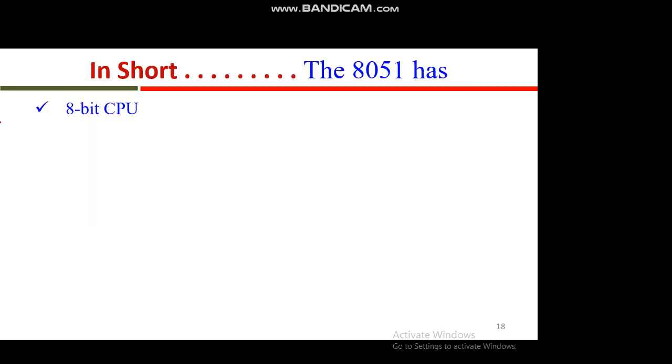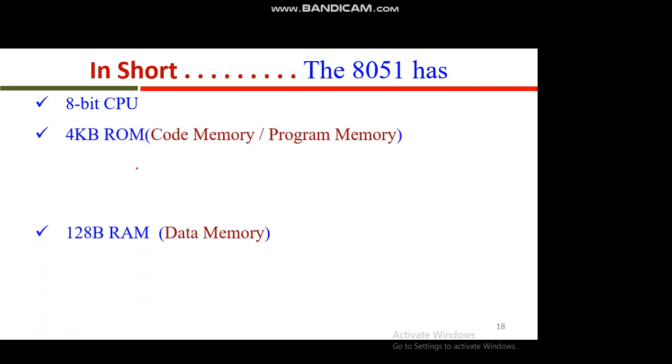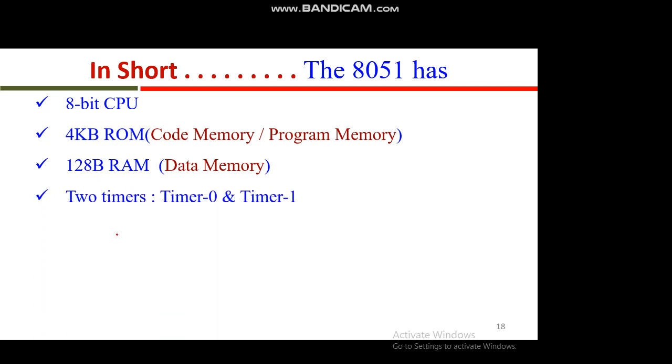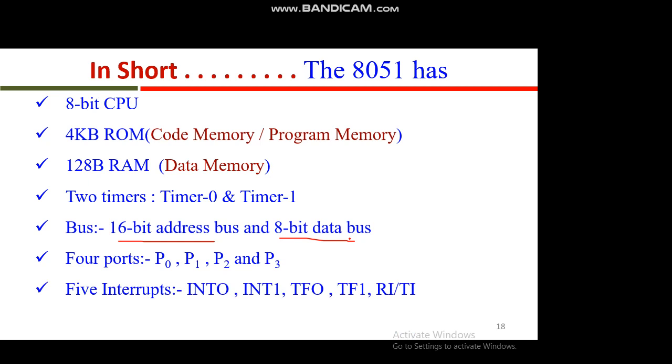In short, we can say the 8051 has an 8-bit CPU, 4 kilobytes of ROM, 128 bytes of RAM, 2 timers, timer 0 and timer 1, a 16-bit address bus and 8-bit data bus, 4 ports P0, P1, P2 and P3, 5 interrupts INT0, INT1, TF0, TF1 and RI/TI, and the last block is the serial port, that is RX and TX.